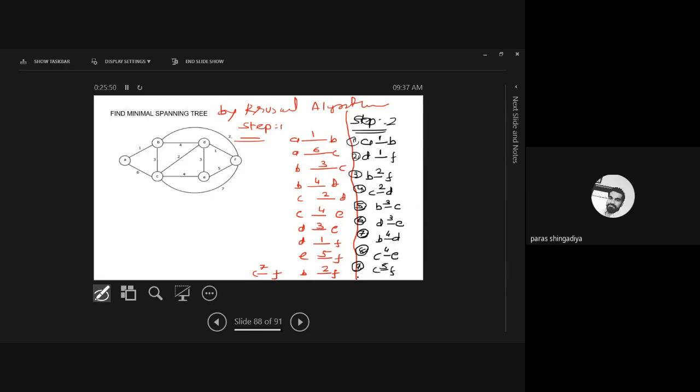Okay. And then after 10, 5. Then after 6, A to C, that is the 6 weight. And 11, that will be the C and F as a 7. Okay. So that is your sequence. That is sorting of all your edges.